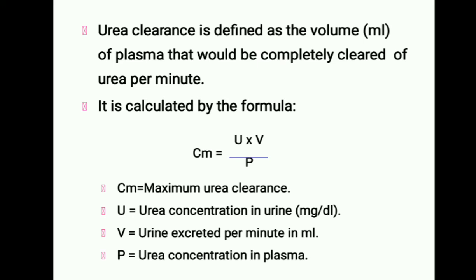Urea clearance is defined as the volume of plasma that would be completely cleared of urea per minute. We can calculate it by the formula Cm is equal to U into V upon P, where Cm is the maximum urea clearance, U is the urea concentration in urine in mg per dl, V is the urine excreted per minute in ml, and P is the urea concentration in plasma.